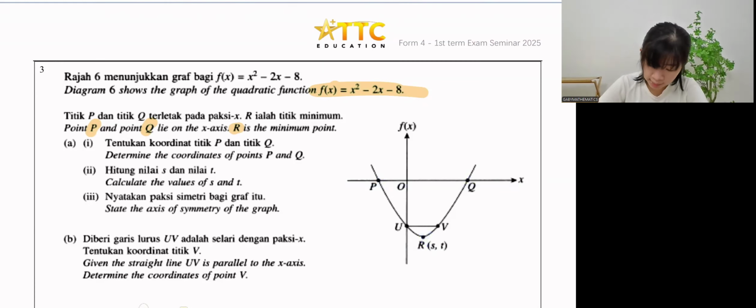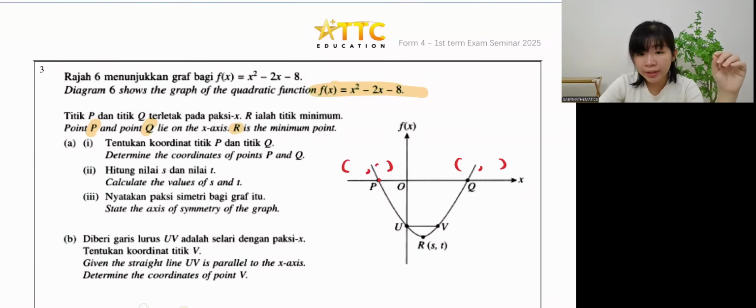Number 1, determine the coordinates of P and Q. Okay, you need to find coordinates of P and Q. Since both are on x-axis, you know that one coordinate will be 0. So it is on x-axis already, so the y is definitely 0.